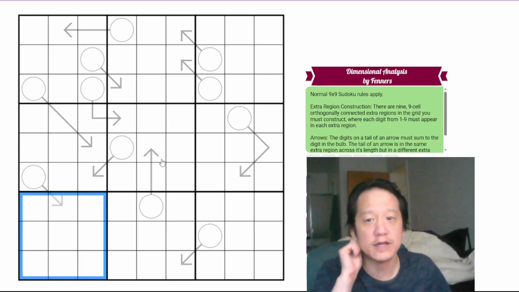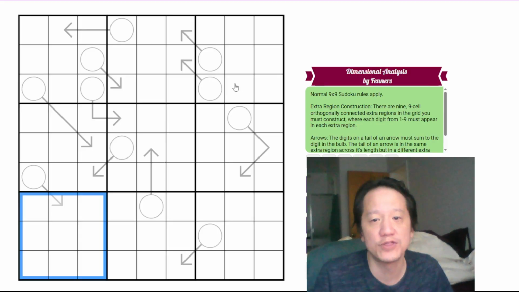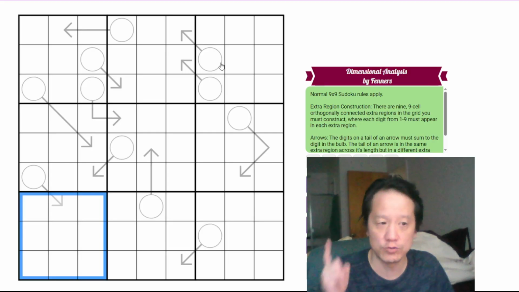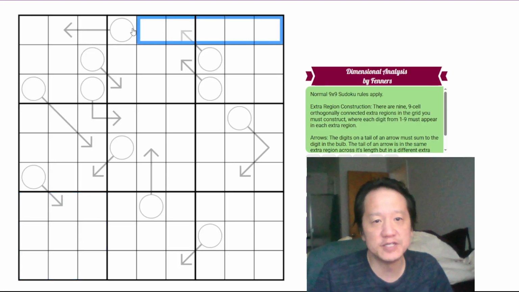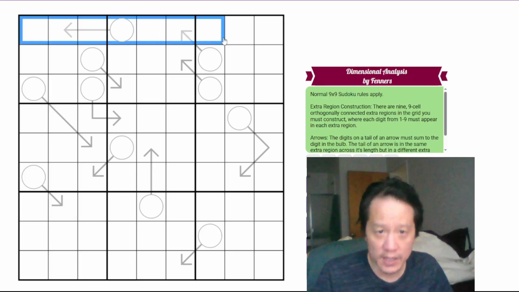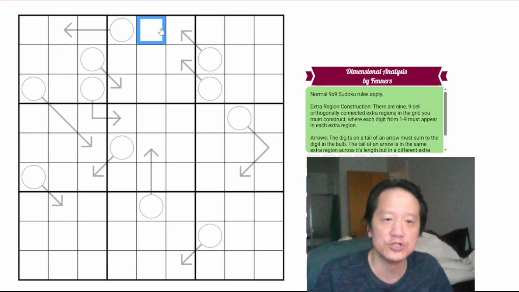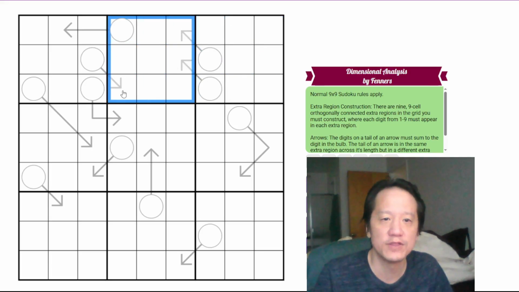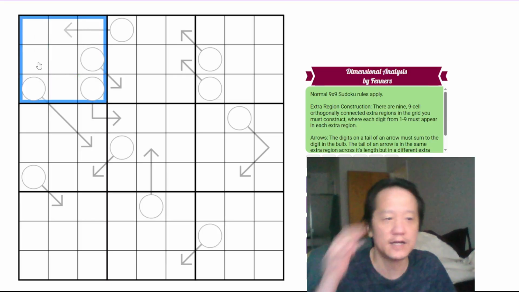So basically, there are nine cell orthogonally connected extra regions in the grid that you must construct, where each digit from 1 through 9 must appear in each extra region. It is basically like chaos construction, except that we also have the additional Sudoku limitations involved, with the 9 3x3 boxes, or designated 9-cell regions.